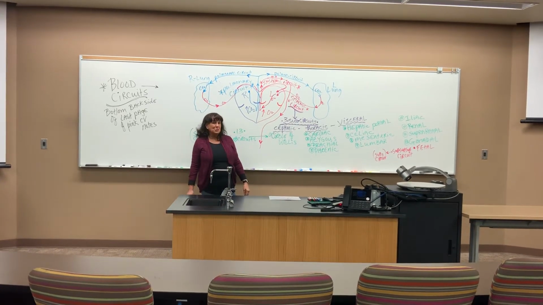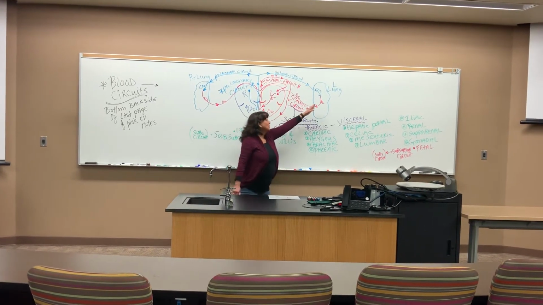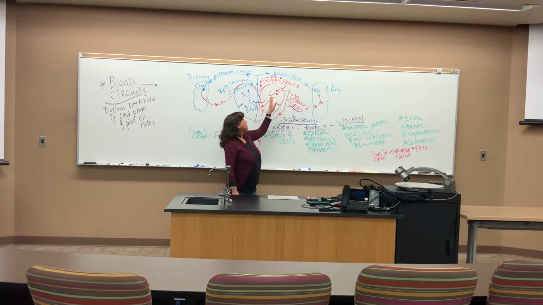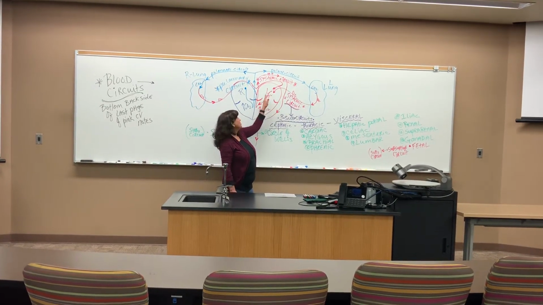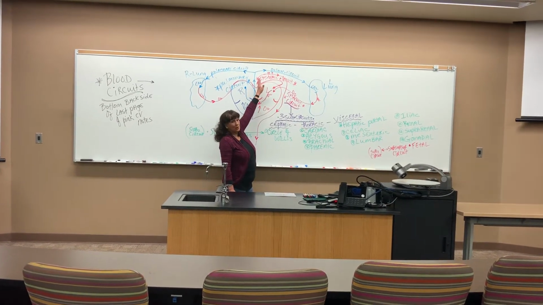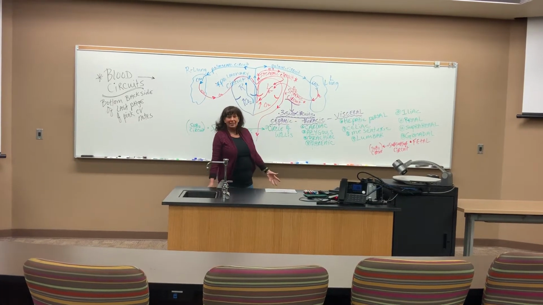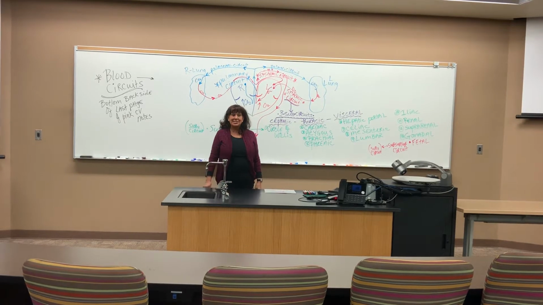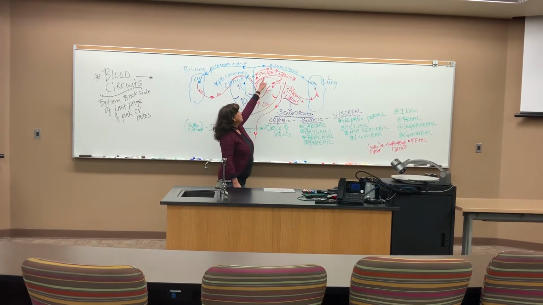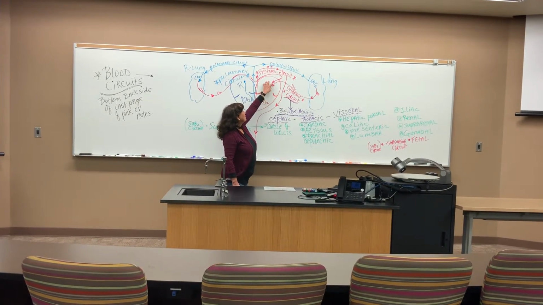Then, what's the other circuit? Well, then you have to bring the oxygenated blood back to the left atrium and send it out and up the aorta and out to all parts of the body. And so the second big circuit is systemic, okay? The systemic circuit. So it starts at the left atrium.